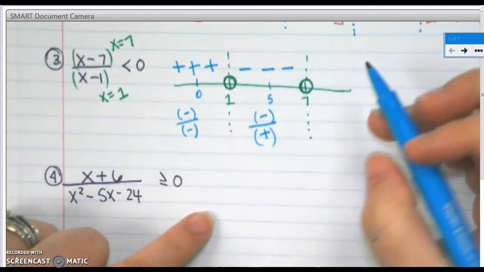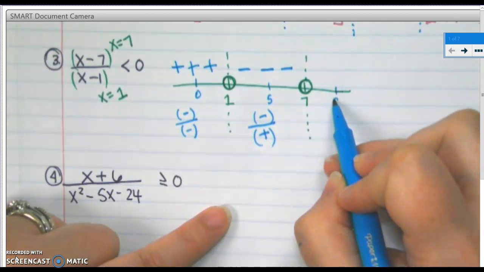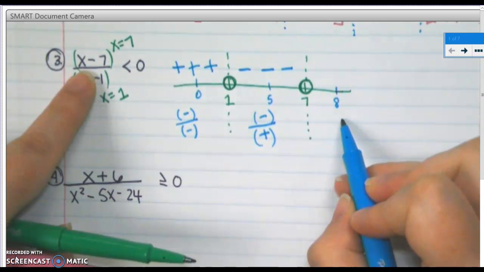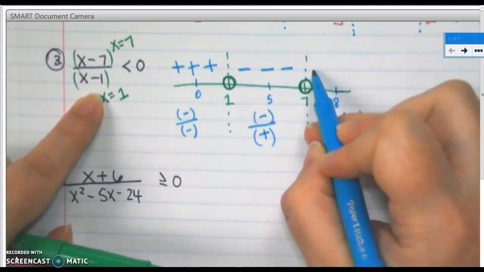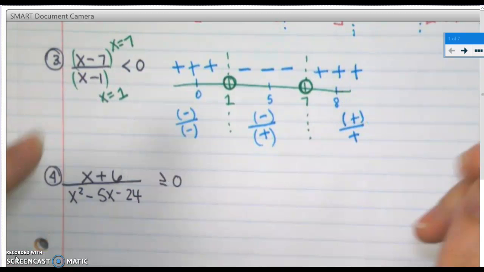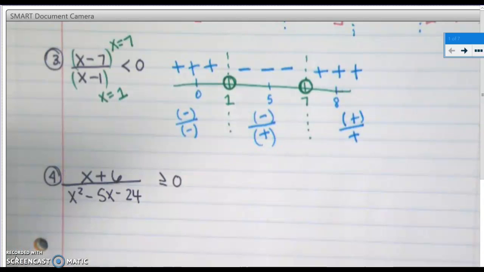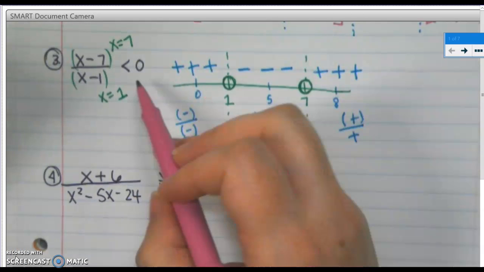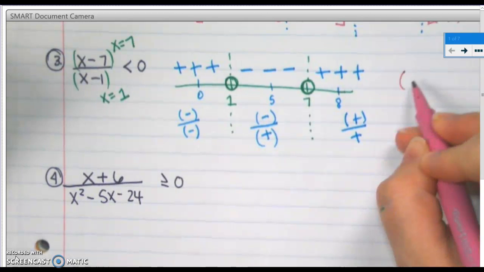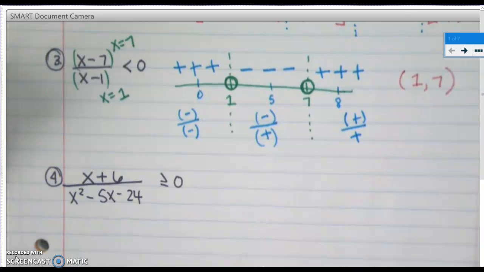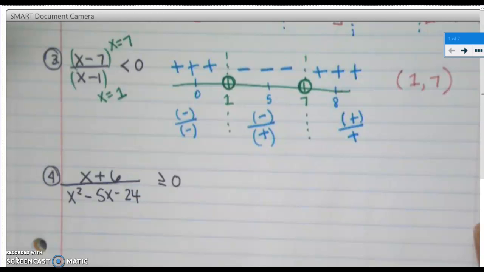So that would be negative. All right, 8 minus 7 would be positive. 8 minus 1 would be positive. So less than 0 is my negative section. So the answer to this one would be from 1 to 7. That's the only piece that's negative.